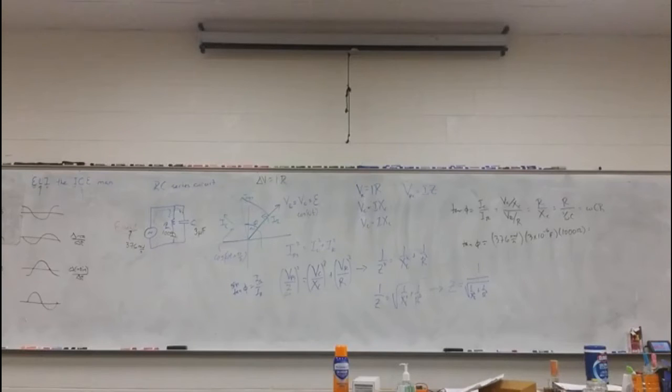What do we get? 1.128. Units? Radian farad ohms per second.